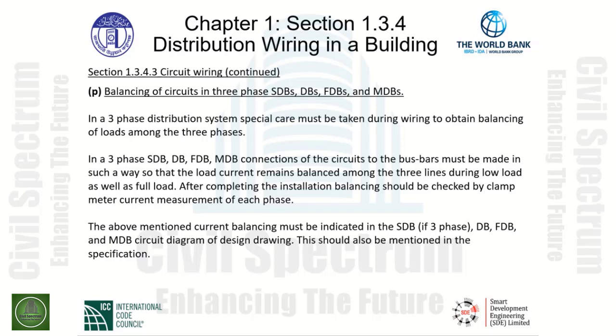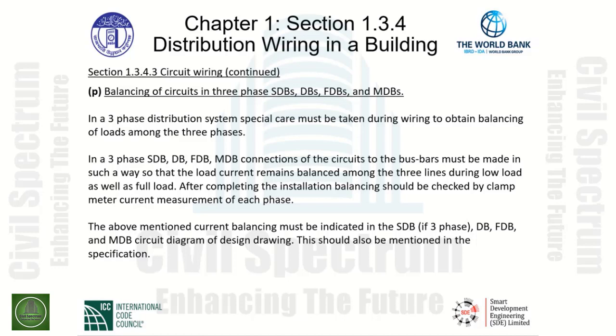1.3.4.3 Circuit Wiring Continued. Item P, balancing of circuits in three-phase SDBs, DBs, FDBs, and MDBs. In a three-phase distribution system, special care must be taken during wiring to obtain balancing of loads amongst the three phases.